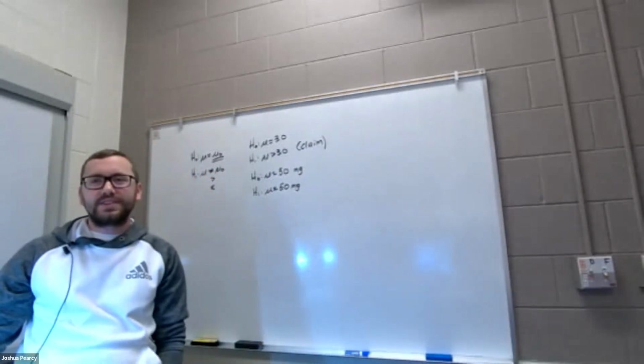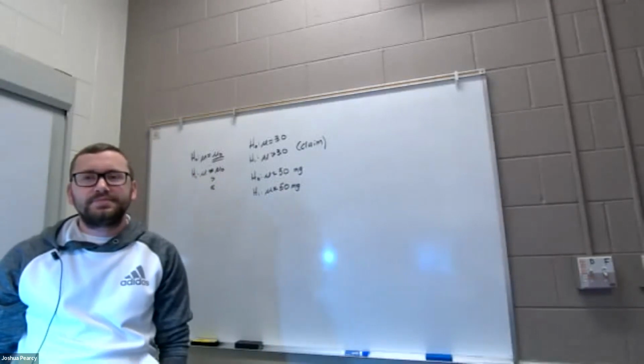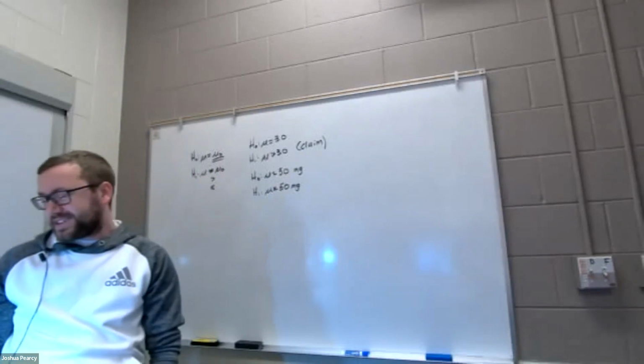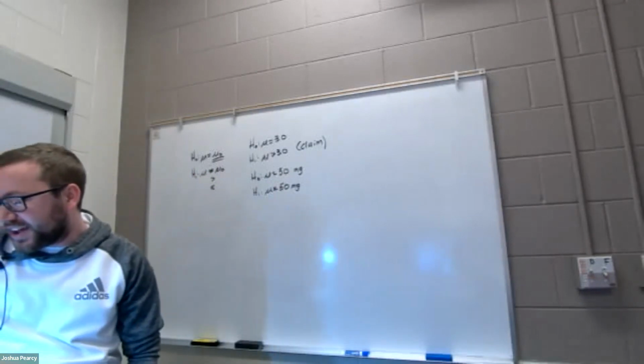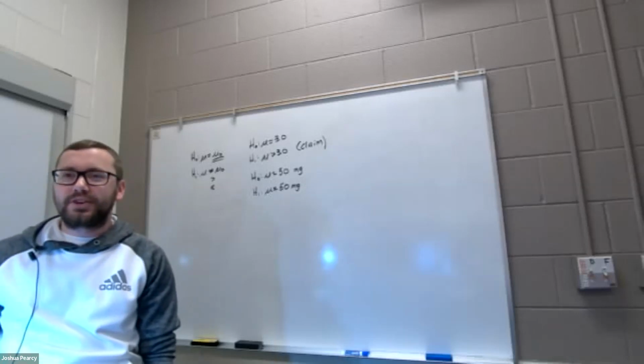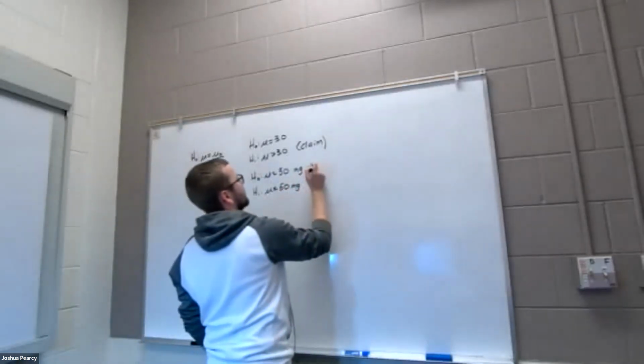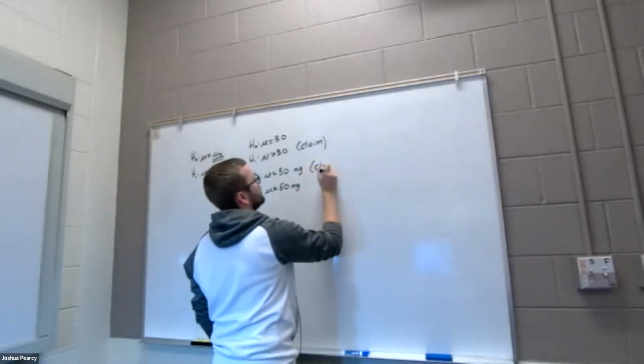And in this case, which one is the claim? The null, because it's saying, in this case, a study claims the undergraduate students take an average of 50 milligrams. So it's claiming that value.